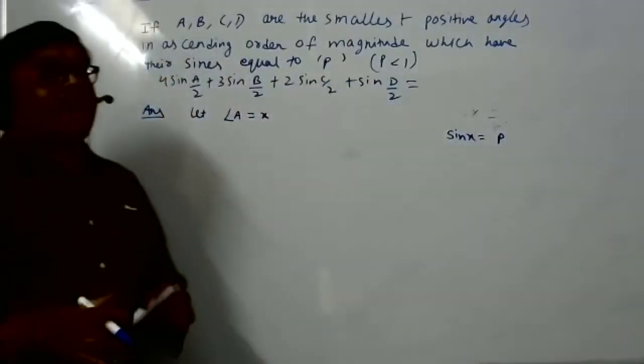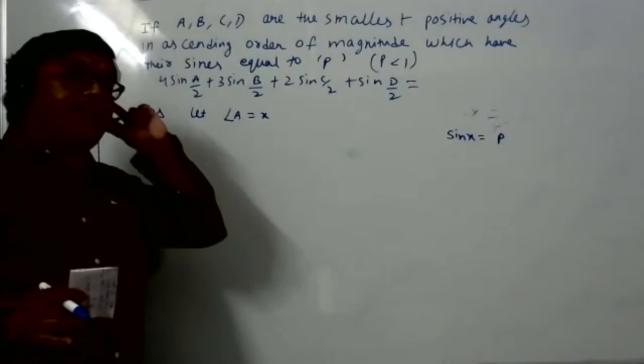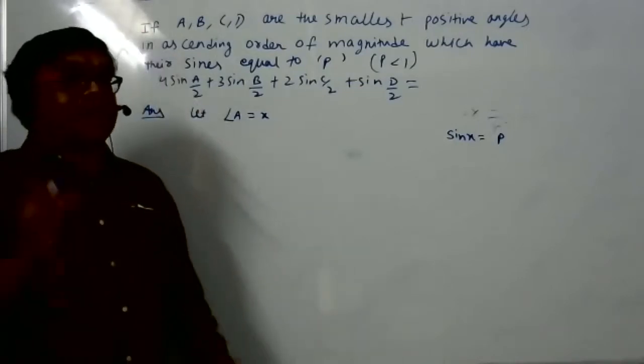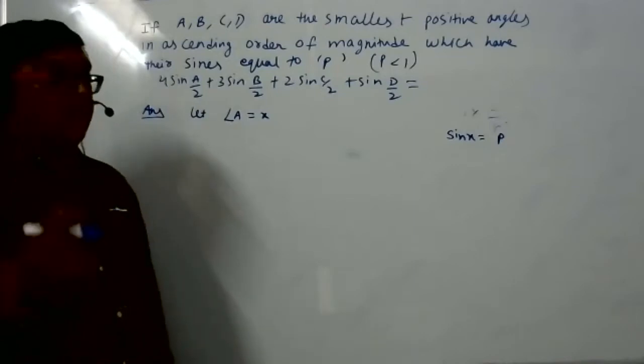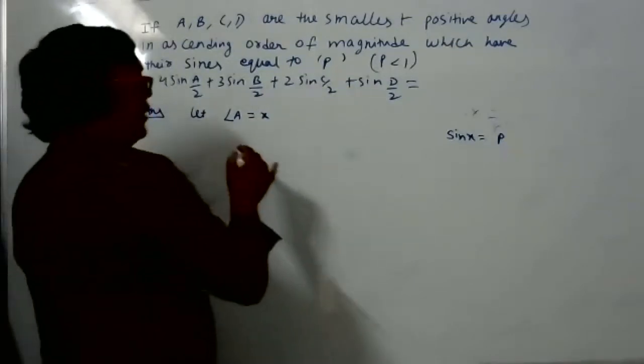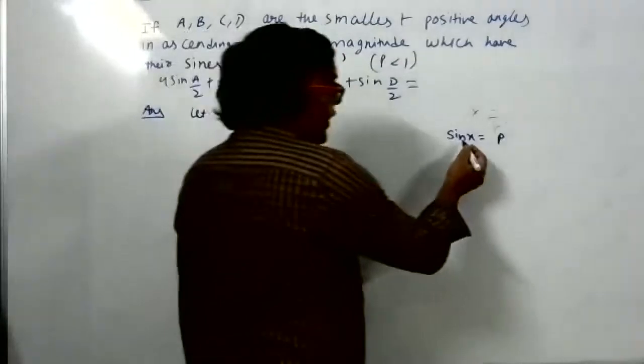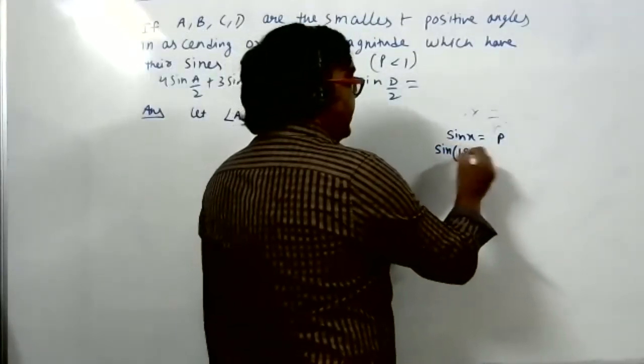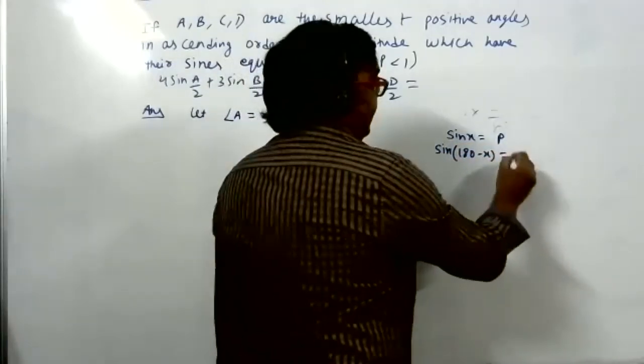Now tell me the next angle whose sine is again P. Students, use the allied angle information. When sin X is P, even sin 180 minus X will be P only. Why?